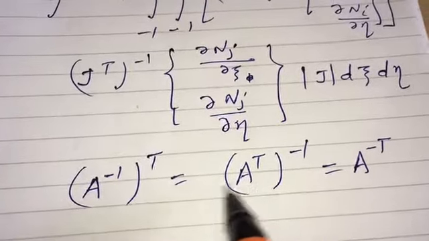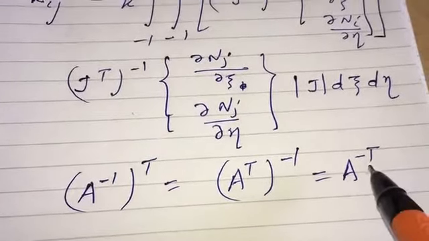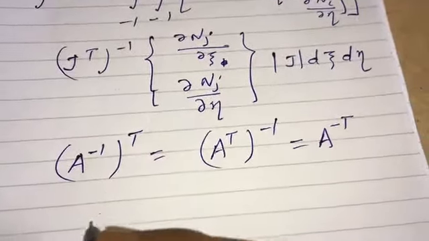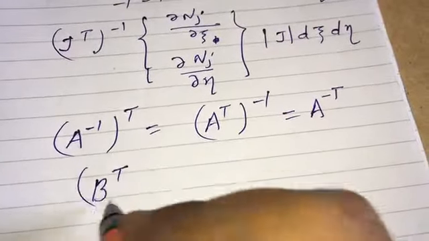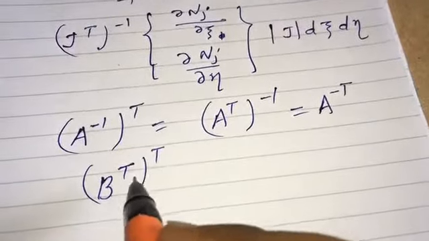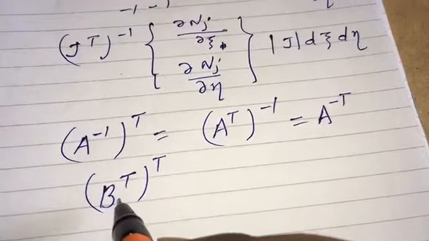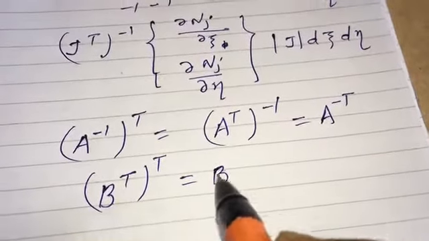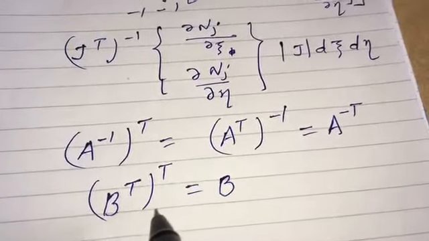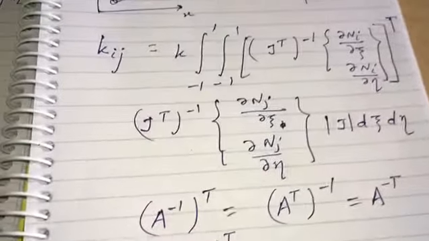Since both are the same, let's denote it like this. Also you know that the transpose of the transpose of a matrix is equal to that matrix itself. So this is also a relation we will use here to simplify it.